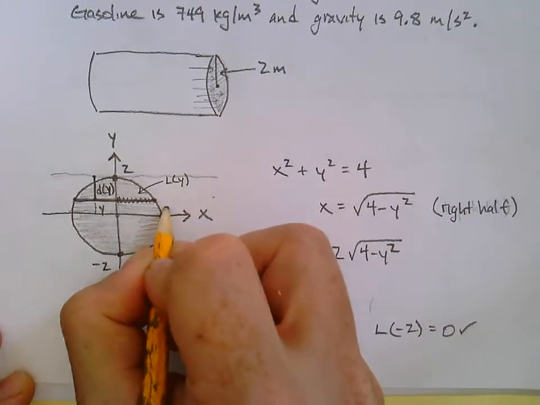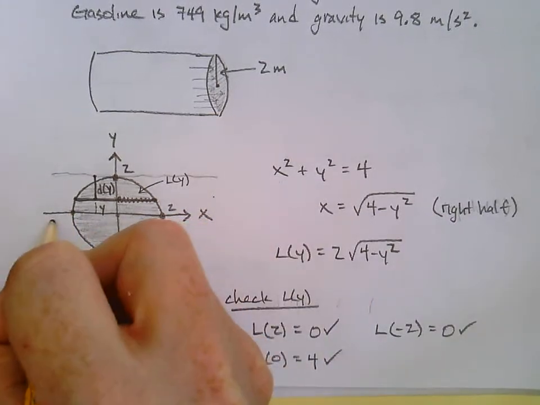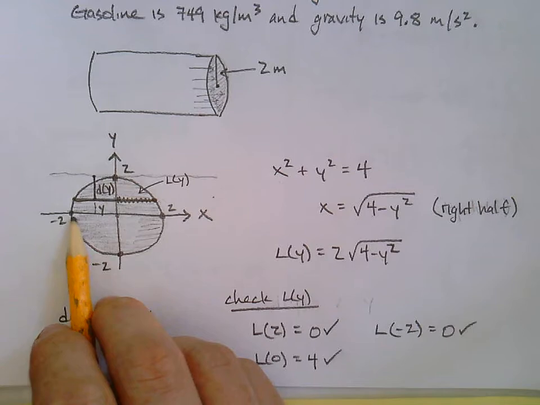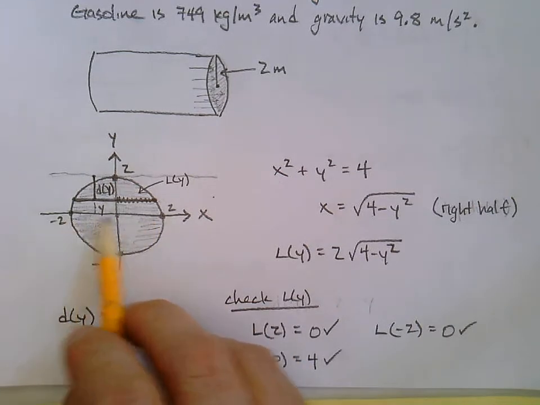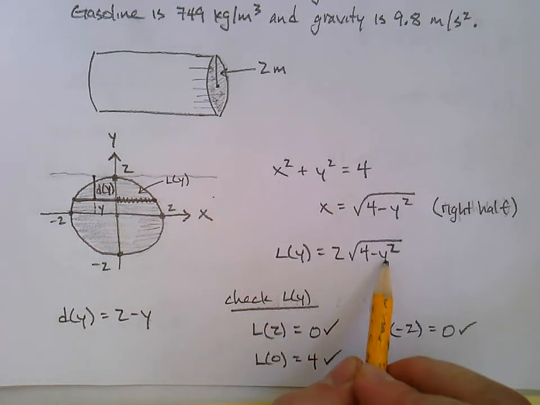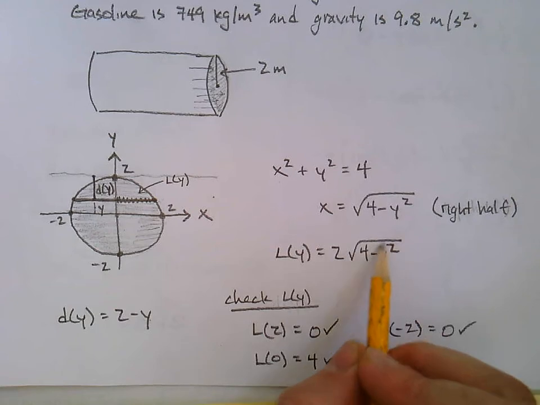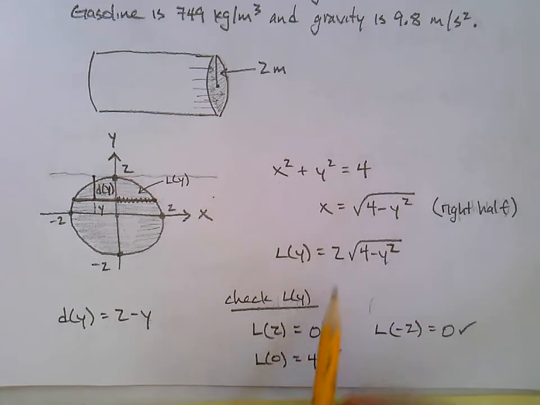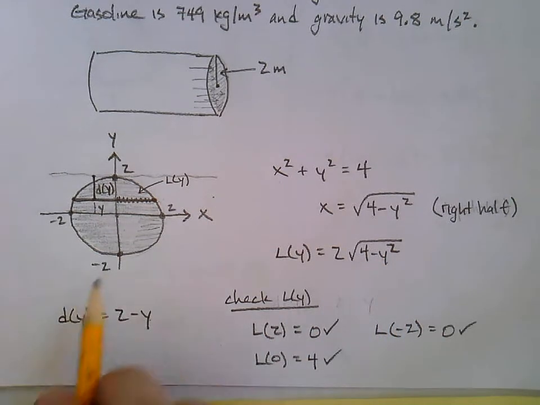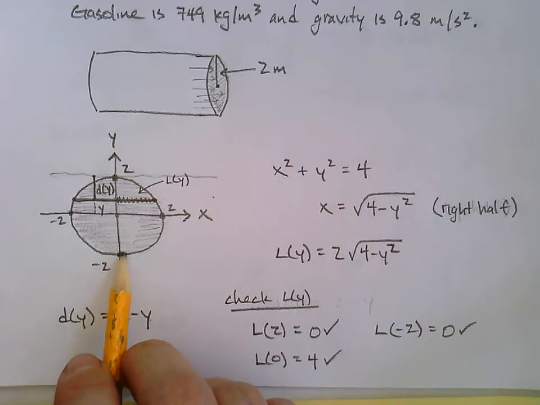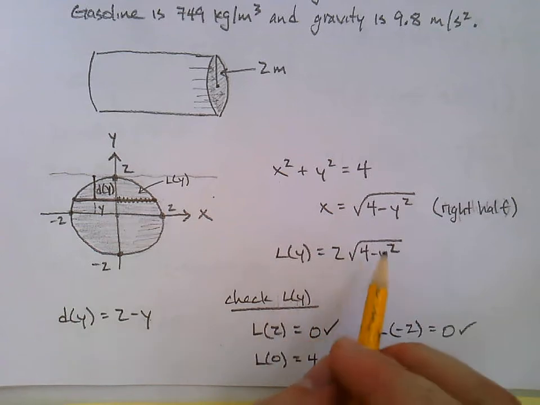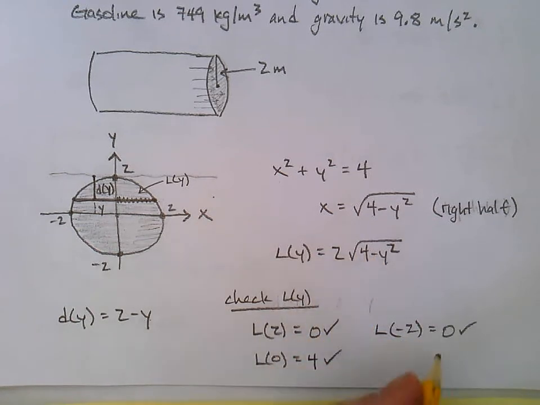This is a circle, so the length there is 4. If you plug in 0, do you really get 4? Yeah, because 2 times the square root of 4 is 4. And if you're at the very bottom, what is the length? From the drawing, the length is 0. If I plug -2 in, does it really give me 0? Sure does.